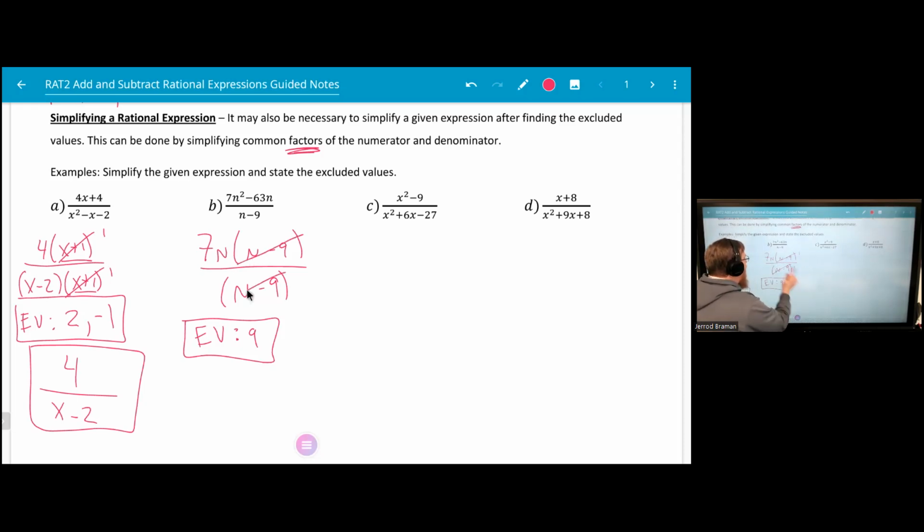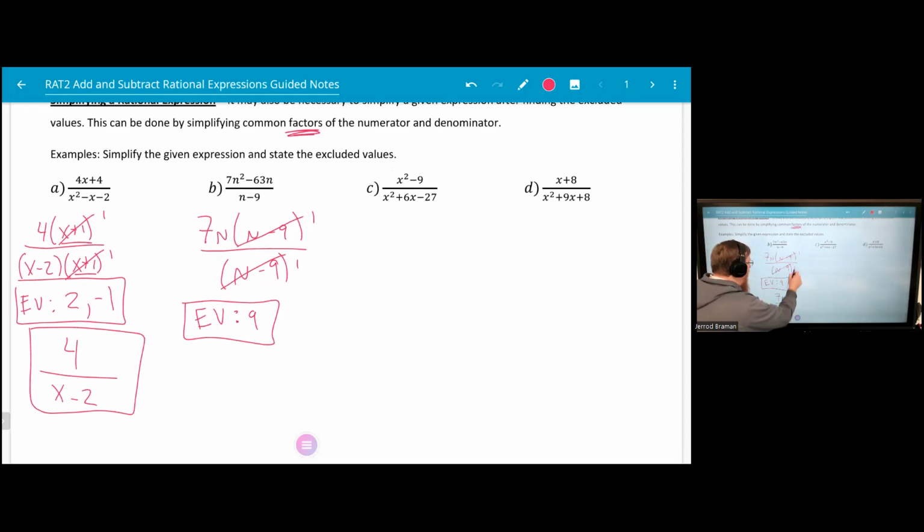So my numerator is 7n times 1, which is 7n, divided by just 1. I don't need to actually write that 1, right? Because 7n divided by 1 is just 7n. So this rational expression in B, 7n squared minus 63n divided by n minus 9, simplifies to 7n, with a caveat that we have an excluded value at 9. When n is 9, it's an excluded value.